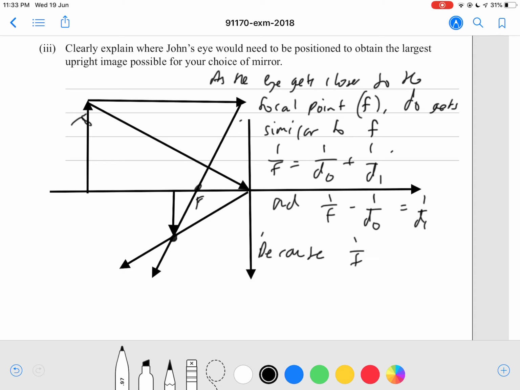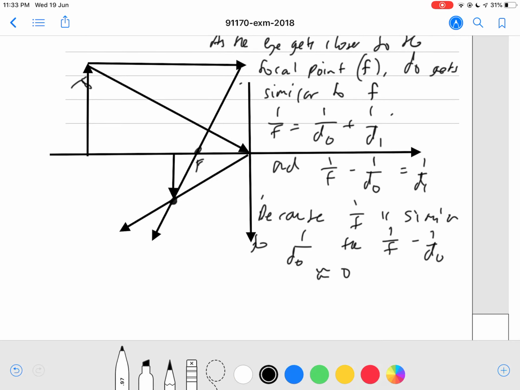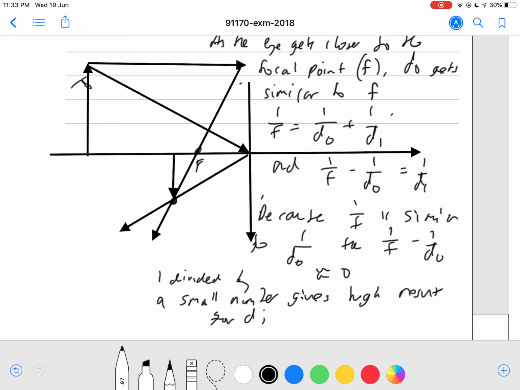Because 1 over f is similar to 1 over do, then 1 over f minus 1 over do will be very close to 0. 1 divided by a small number gives a high result for di.